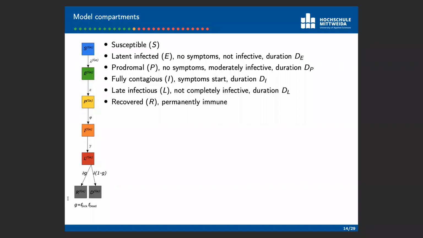We don't have to, but let's keep things simple. Or they die. So that is essentially what can happen. You just need to follow the arrows. If somebody is susceptible, either they remain there or they are moved forward, ultimately to being recovered and immune, or dead.